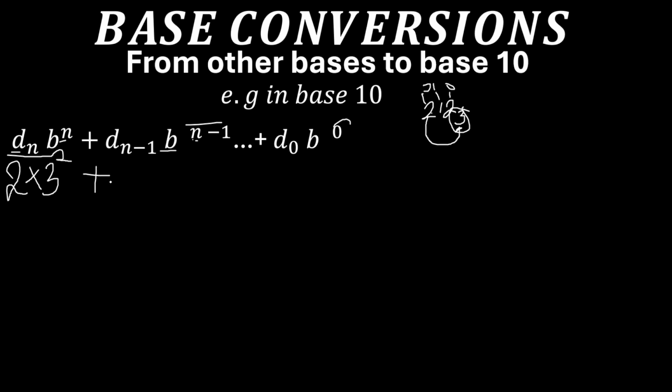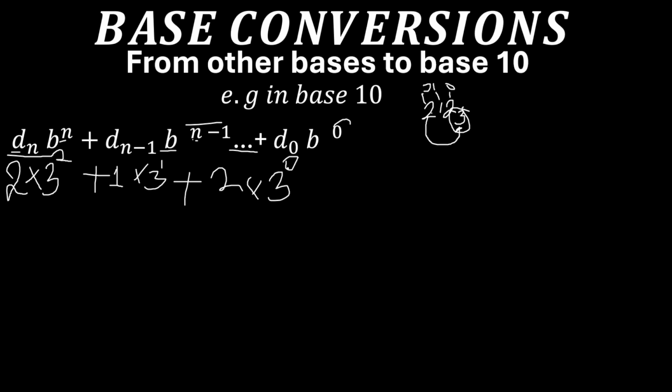So the 1, that's 1, then we want to multiply it by the base, and the power now is 1, until we get to the one that is 0. That is 2 multiplied by 3, but this time raised to power 0.